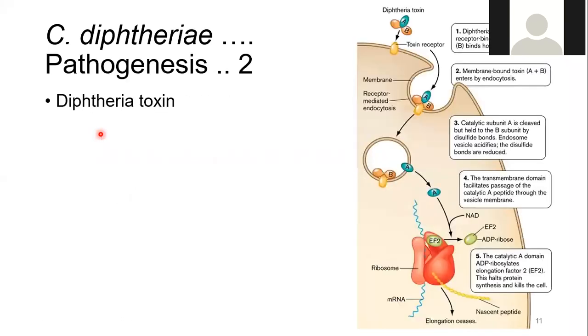So the diphtheria toxin has two subunits. There's an A subunit and a B subunit. I'm sorry I didn't put the reference for this, but I will. So the B is the binding subunit.